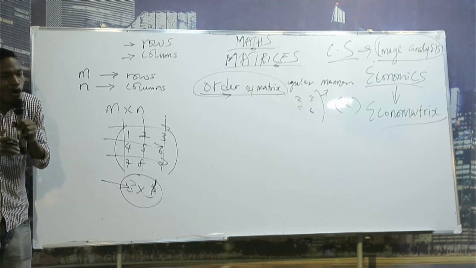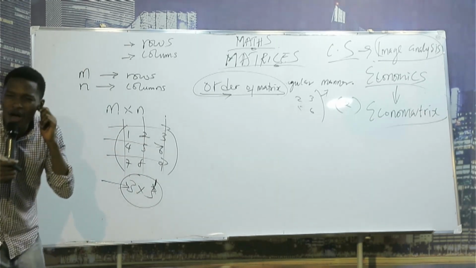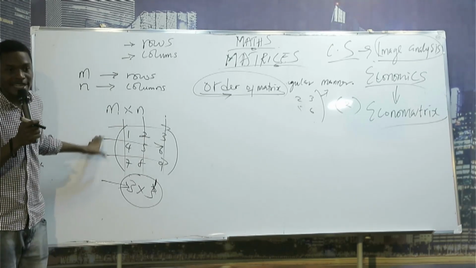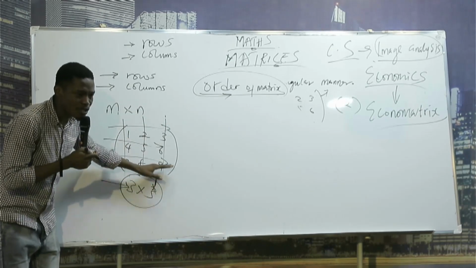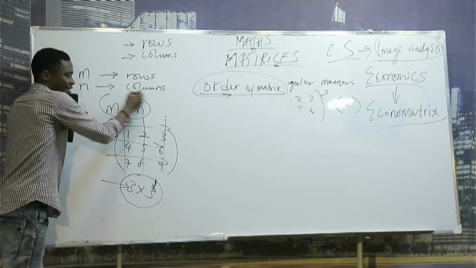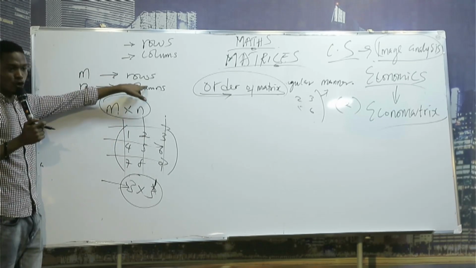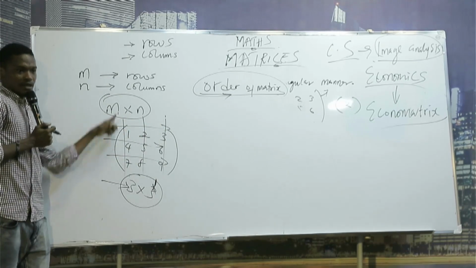When you are saying the order of a matrix, you start with the rows first. Rows are horizontal. So you start with the rows and then the columns. That is what I meant by this statement: if M is the rows and N is the columns, then the order is M by N. So rows, columns.